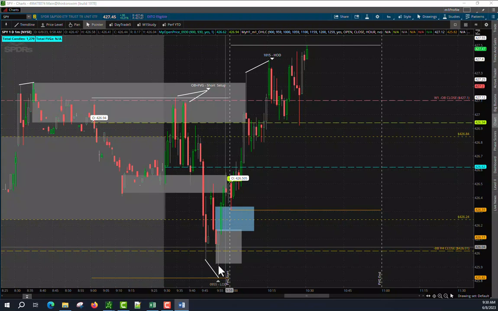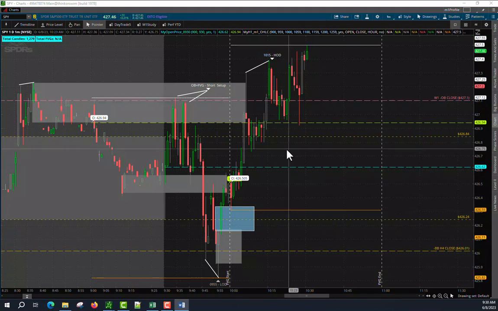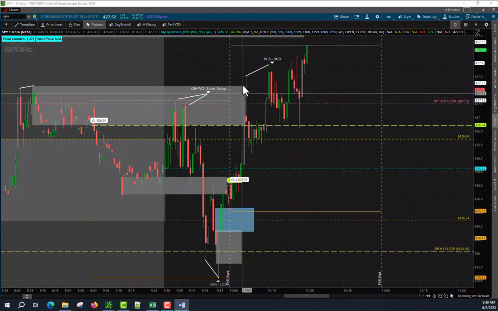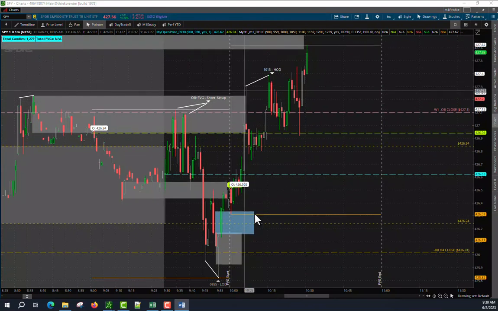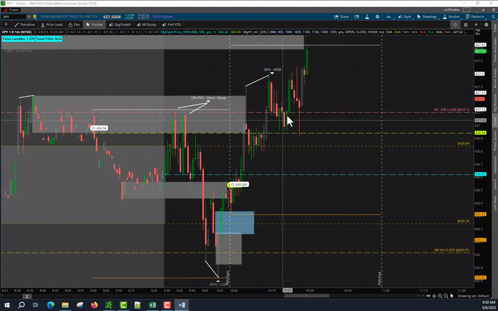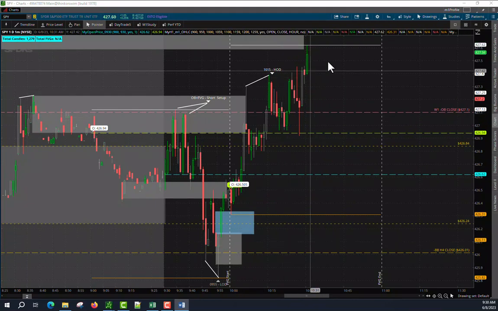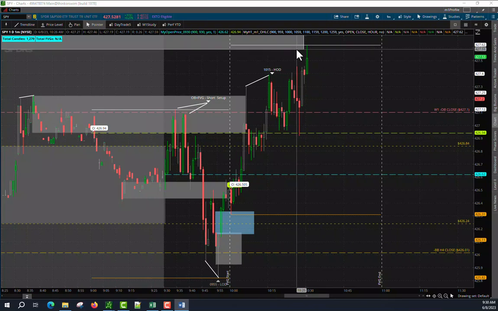That's a good setup right there, and you enter at 10. Your target, conservatively you can put your target right here, but if not, you just trail your stop loss and let it hit another higher time frame point of entry up here.